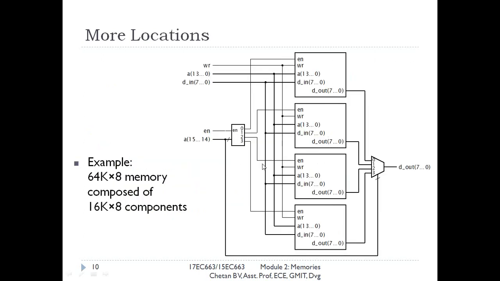In this example, we have combined 4 memory components. One memory component has 14 address lines, 8 data input lines and 8 data output lines. Here we are combining the write signal; this is a common write for all components.